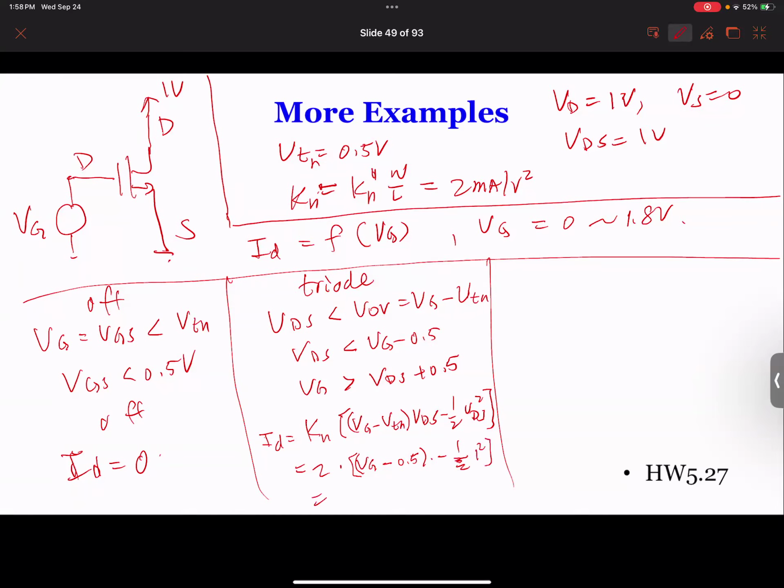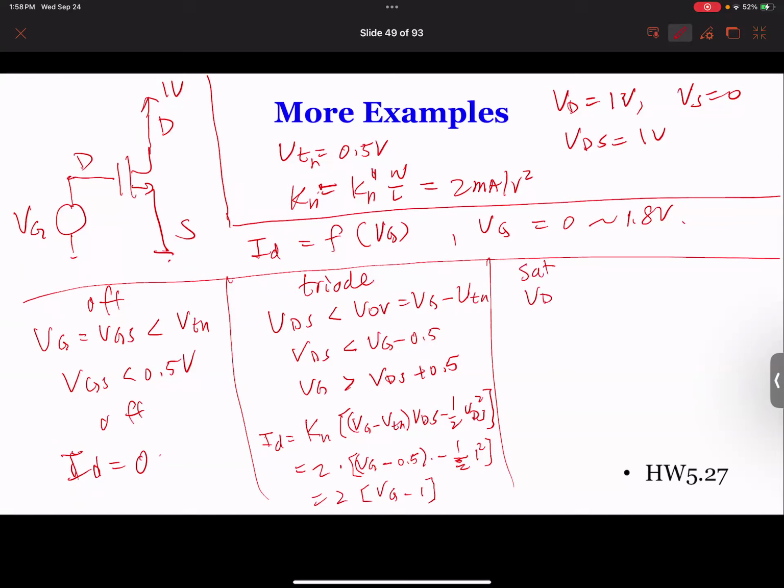And then this gives you 2 times VG minus 1. So that's what we get for the current in the triode region.